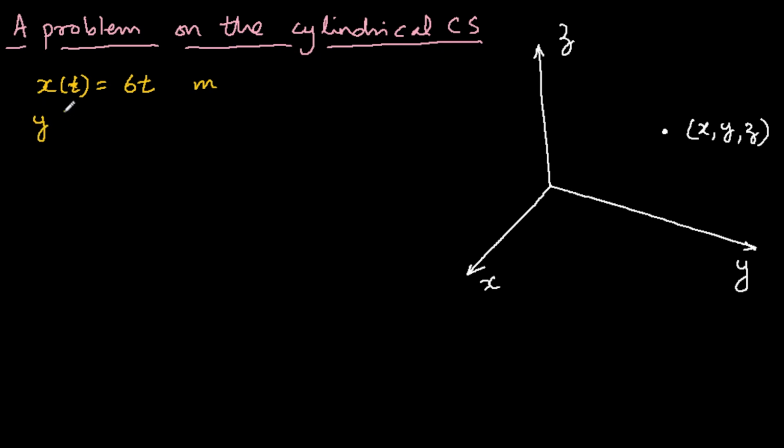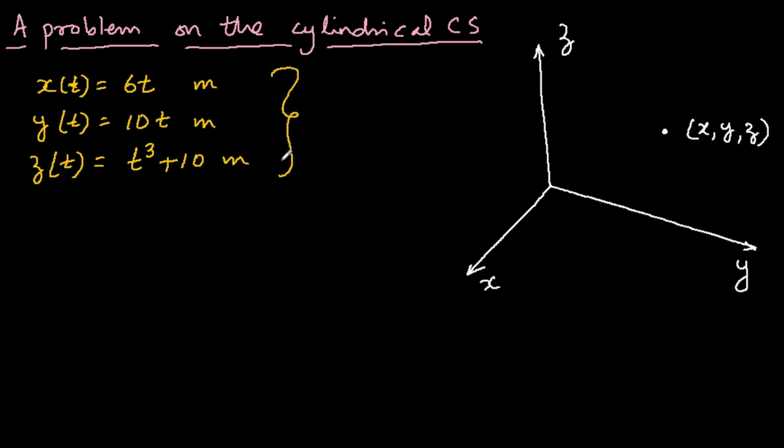Y as a function of time is say 10t meters, and the z coordinate varies with time as t cubed plus 10 meters. Okay, so this is what is given.